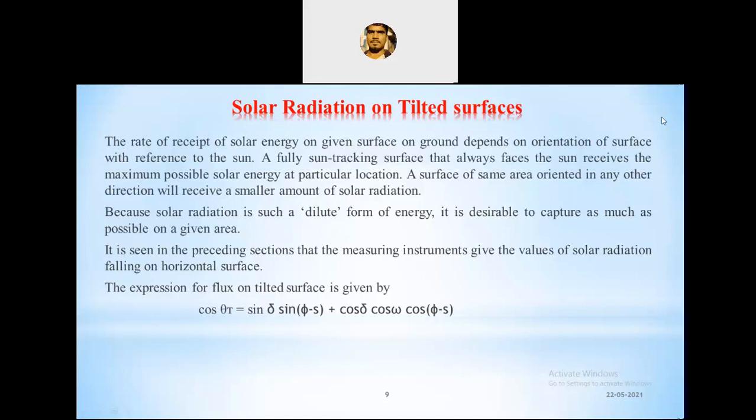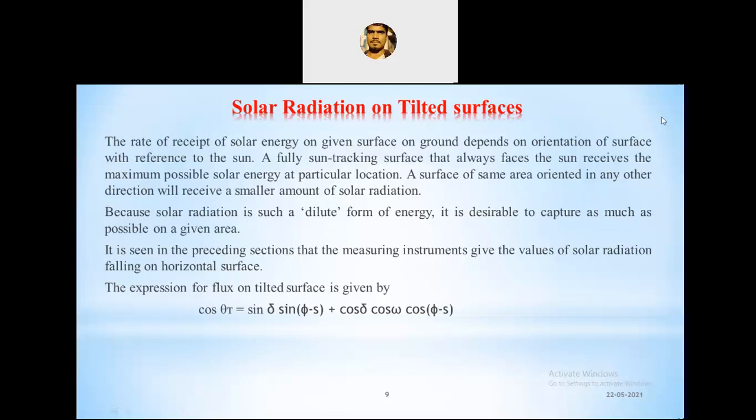A surface of the same area oriented in any other direction will receive a smaller amount of solar radiation, because solar radiation is in such a dilute form. Solar energy is dilute, and it is desirable to capture as much as possible on a given area, so we have to make it an inclined surface.